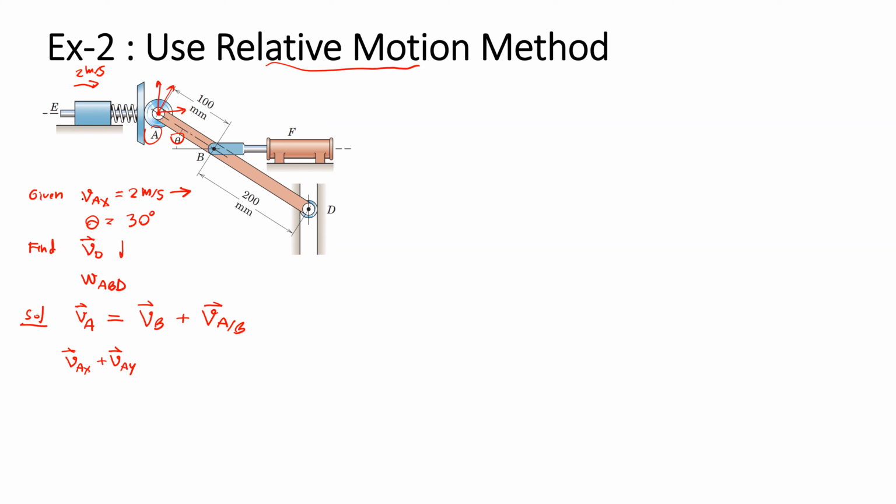But the problem gives the information of the horizontal velocity of point A, but for the y direction is still unknown.